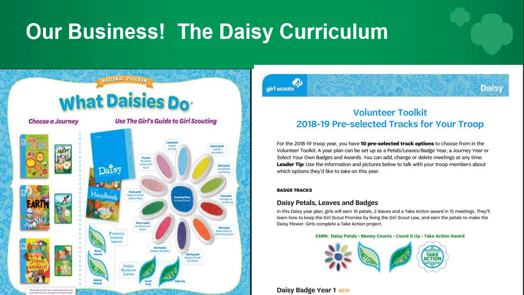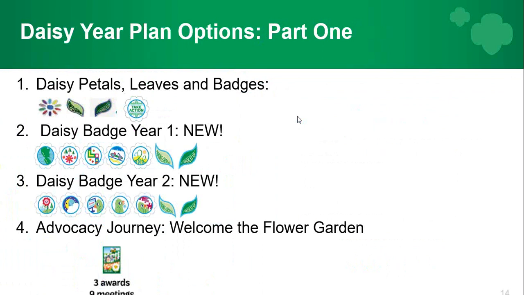We're going to go through what's available on Volunteer Toolkit for you as Daisies. Volunteer Toolkit has what they call year plans. Year plans are from 7 to 15 meetings where you earn certain things, and you can pick from these pre-selected year plans.